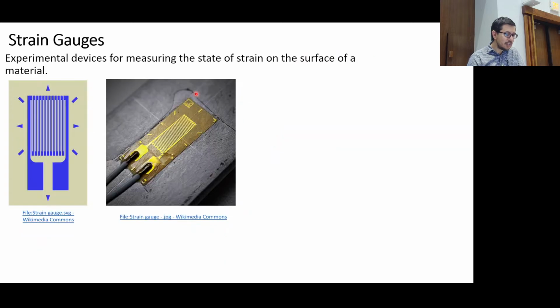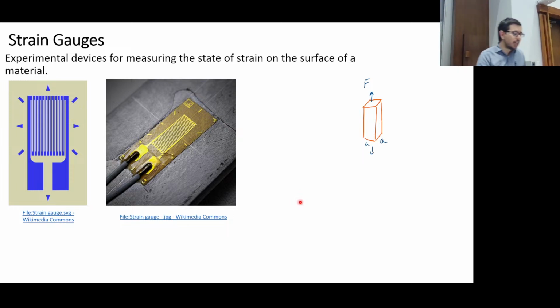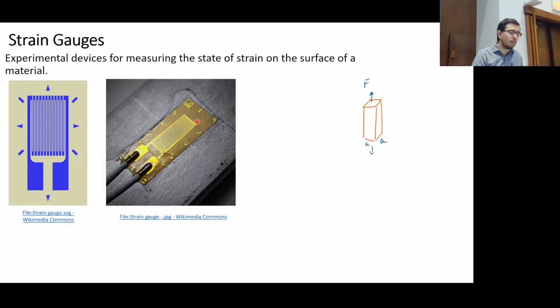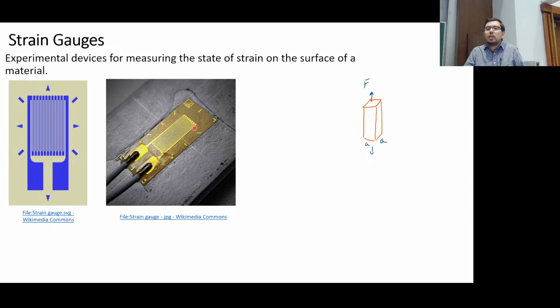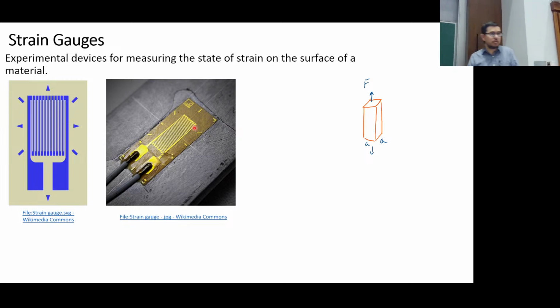So strain gauges might look like these. They're beautiful. And ultimately, you've got some type of material that you can measure a response to strain. So this material could be piezoresistive.